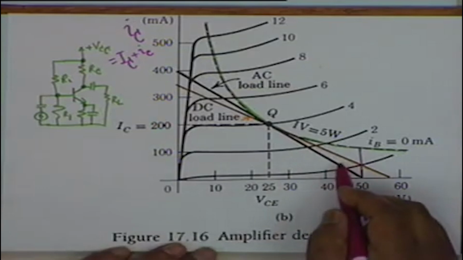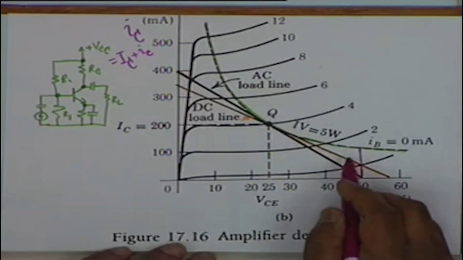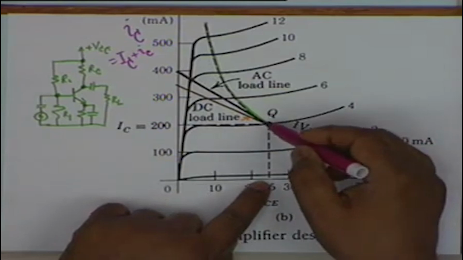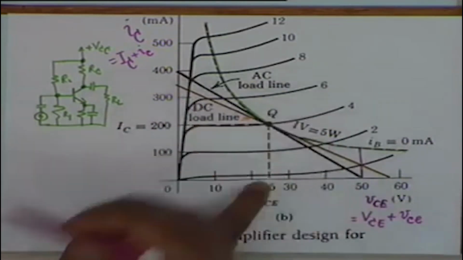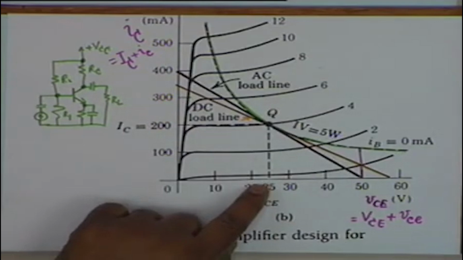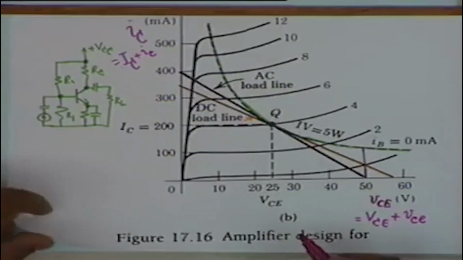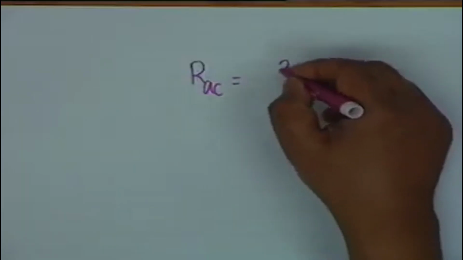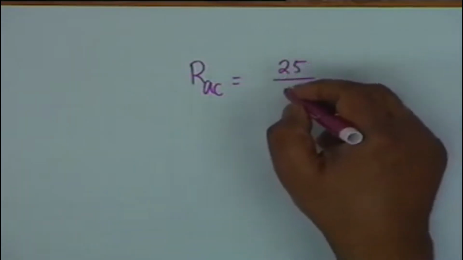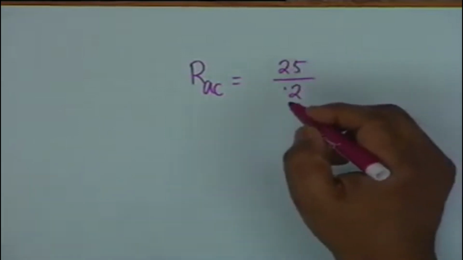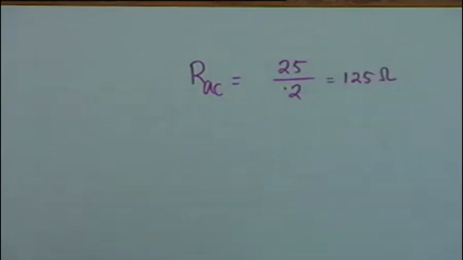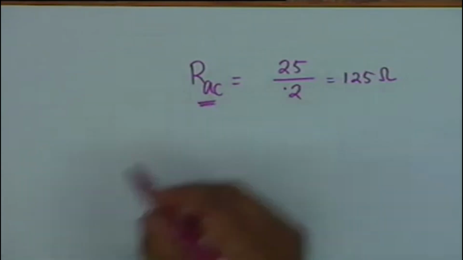From which you get the effective AC load resistance as voltage swing, which is 25 volts, divided by the corresponding current swing of 200 milliampere, that is 0.2 ampere, and therefore the effective R_AC shall be equal to 25 divided by 0.2 ampere, which means 125 ohms. Is that clear? How you determine the effective R_AC?